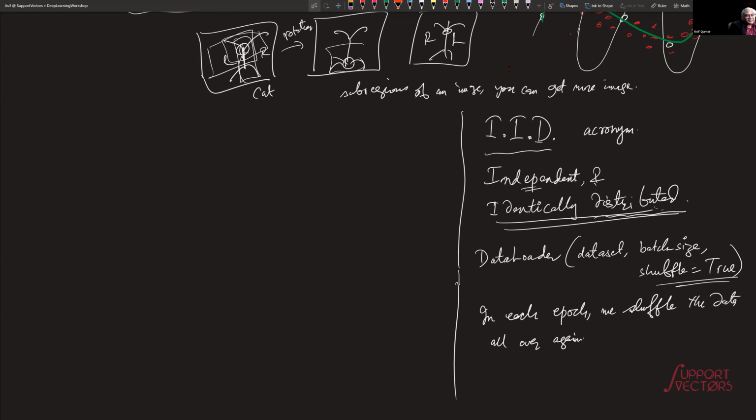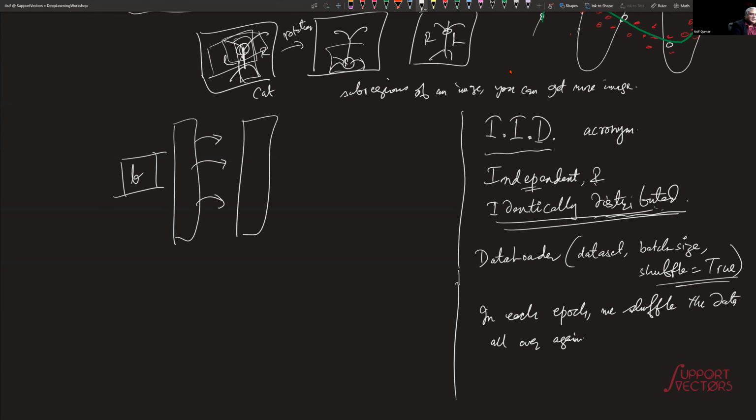Your data can get very big or small. It keeps shifting. Suppose you have one layer of data and you send a batch of data here. The output of this is the input to the next layer, which is the input to the next layer.